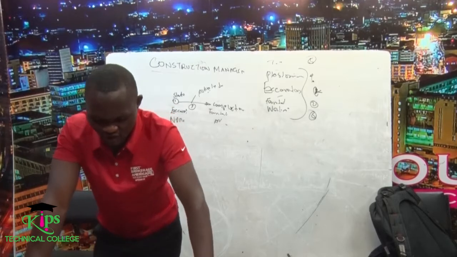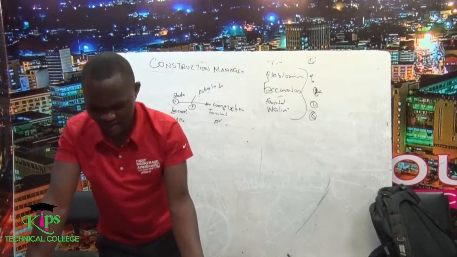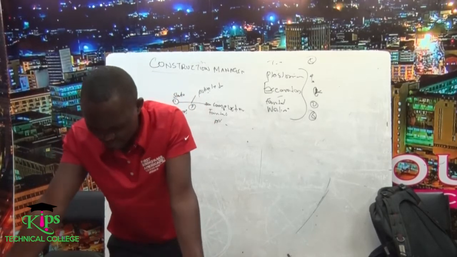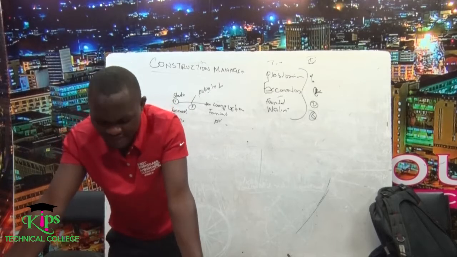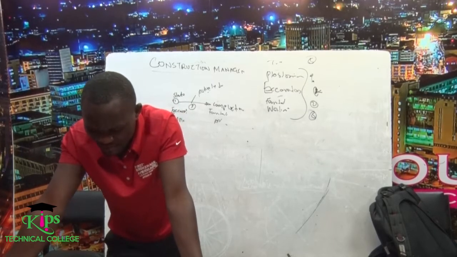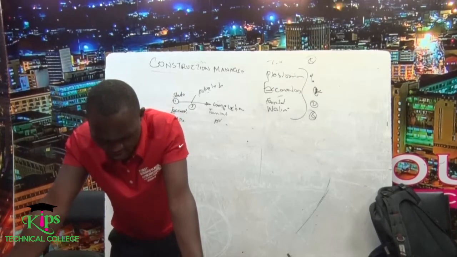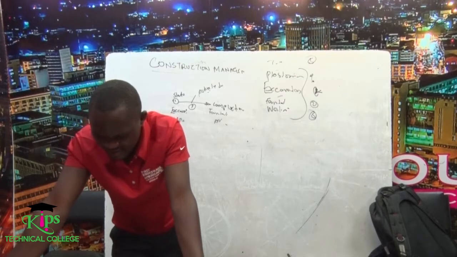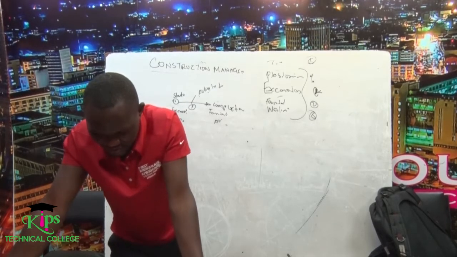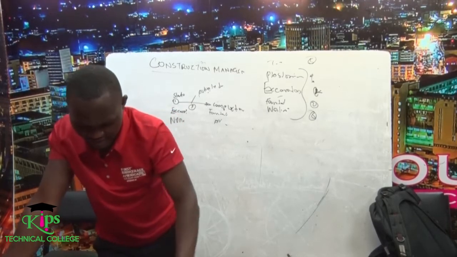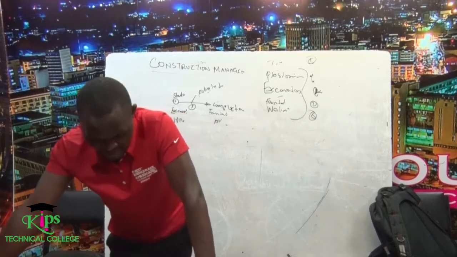Again, let us talk about the terminologies that can be used in a critical path method network. An activity is the performance of a particular task, such as placing of reinforcement steel, which requires time, and it is denoted by an arrow.